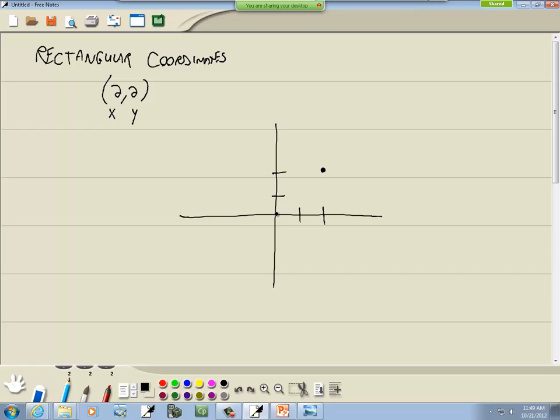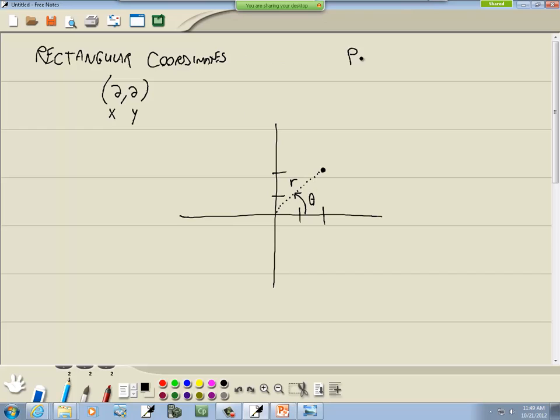Well, there's another way I could express this. If I look at going from our initial side up to here, that's an angle, like theta. And then this distance right here is r, the distance from the origin out to the point.